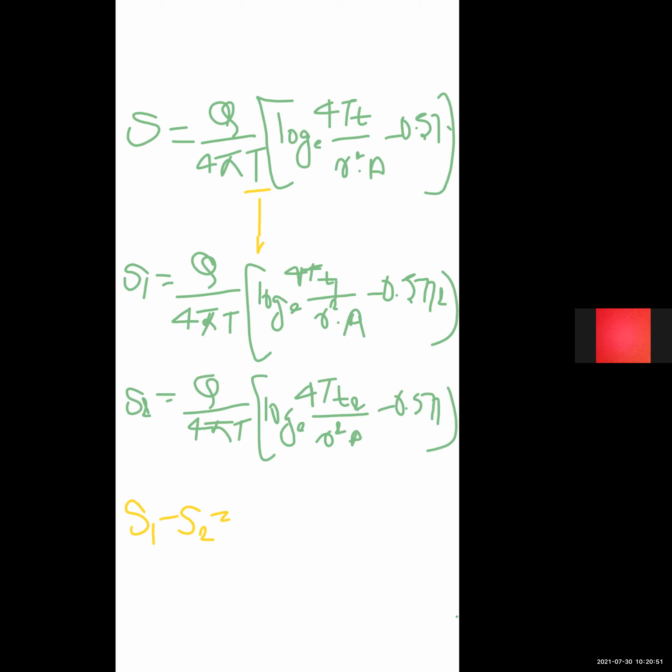by simplifying, we find s1 minus s2 equals 2.3 Q by 4 pi T into log 10 of t2 by t1. This formula holds good for larger values of t.